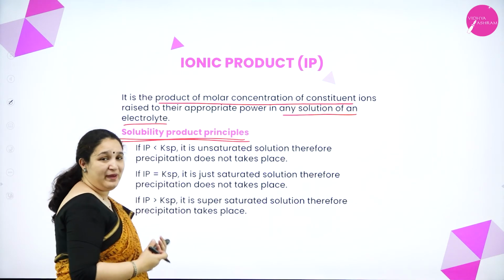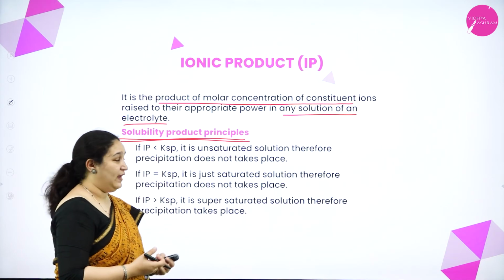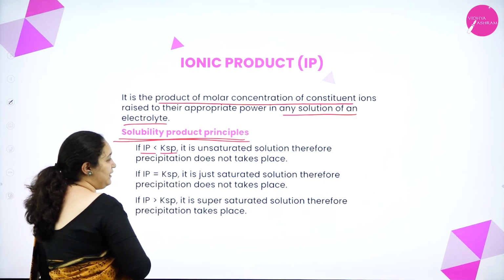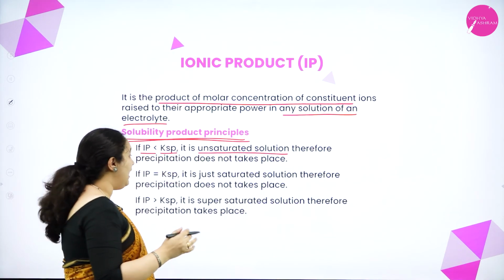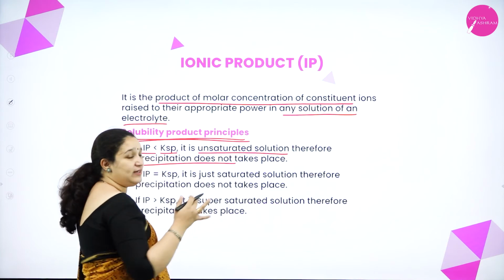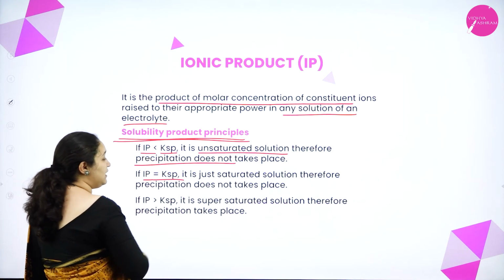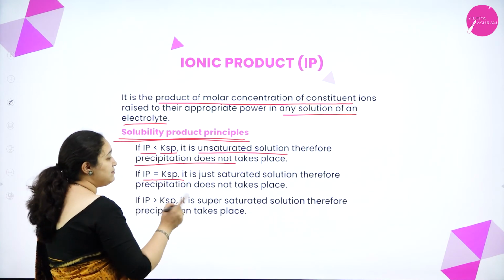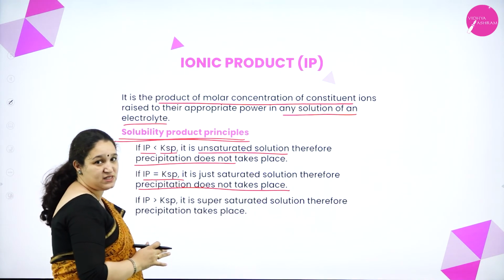So here, how are solubility product and ionic product related? See, if you want to make out whether a precipitate is formed or not, then if ionic product is less than the solubility product, it is an unsaturated solution and precipitation does not take place. When ionic product becomes equal to the solubility product, it becomes a saturated solution and precipitation again does not take place.